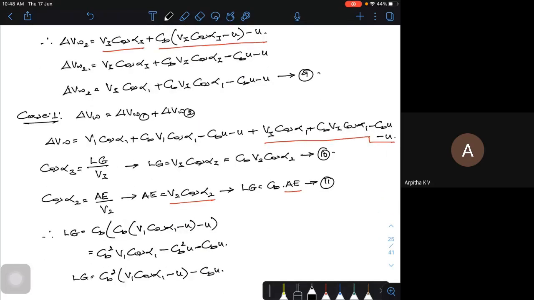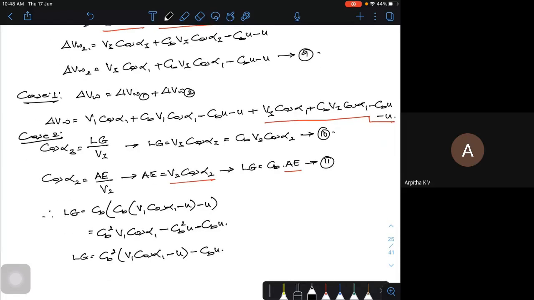Now this is for case 2, where I can write it only in terms of alpha 1 and in terms of V1. I don't have any V3 value. Now this Lg is equal to this value, so Cb square into this thing.